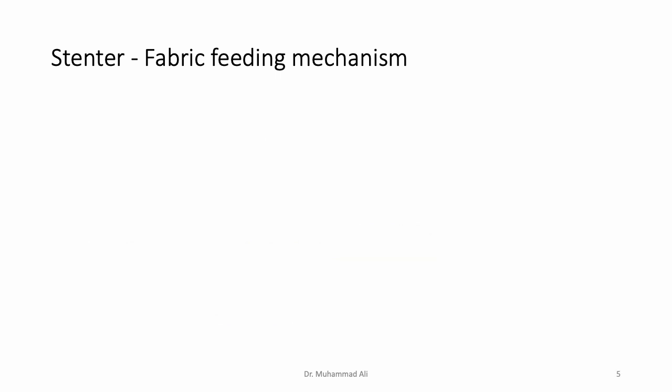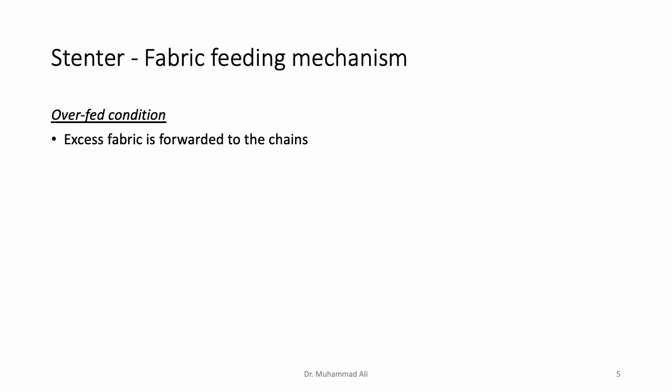Now let's see how the lengthwise tension in the fabric is controlled with the help of the feeding device. First of all, there are two conditions that we can achieve here. The first one is what we call the overfed condition. Overfed condition is one in which an excess amount of fabric is passed on by the feeding device to the Stenter chains.